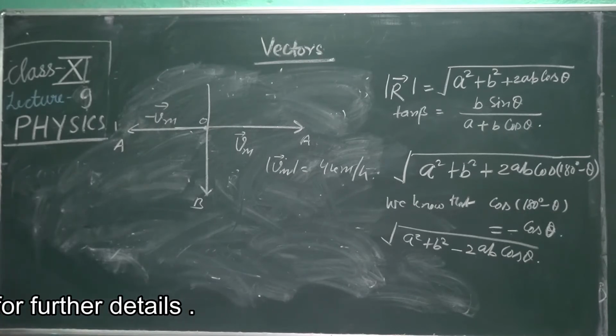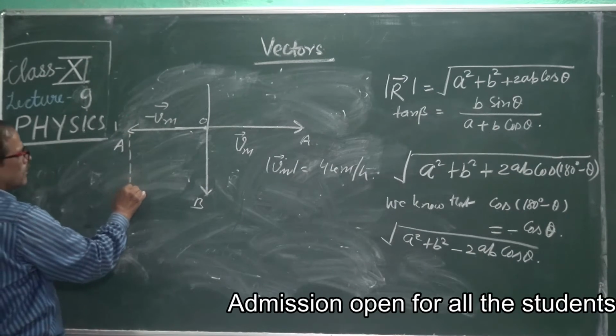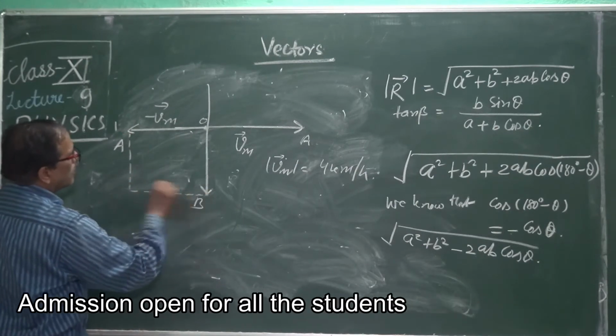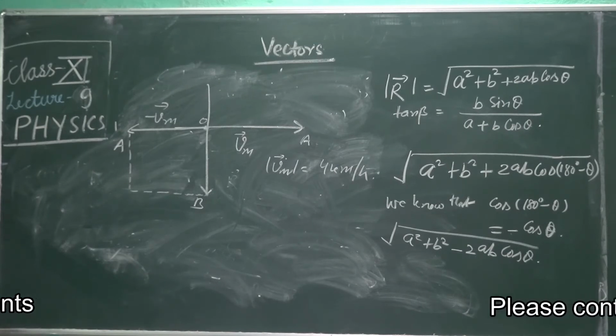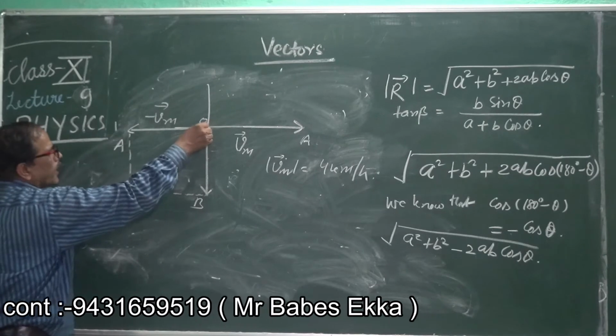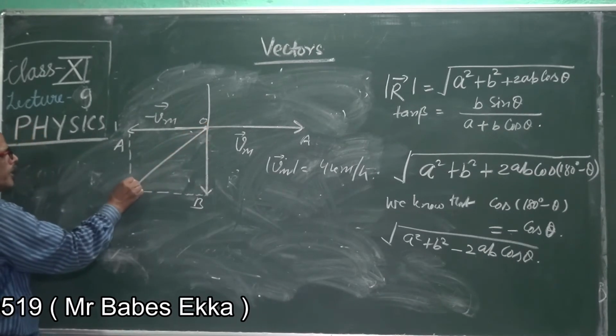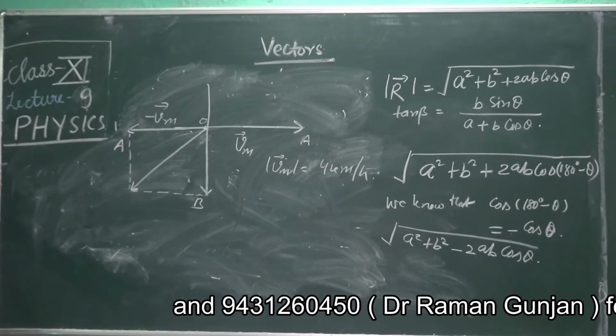Okay, and draw parallelogram. You know that when two vectors are added, the diagonal of parallelogram made by the vectors is the resultant vector.